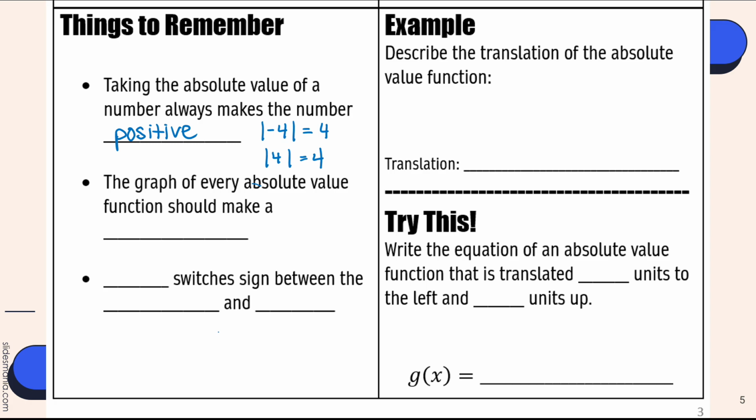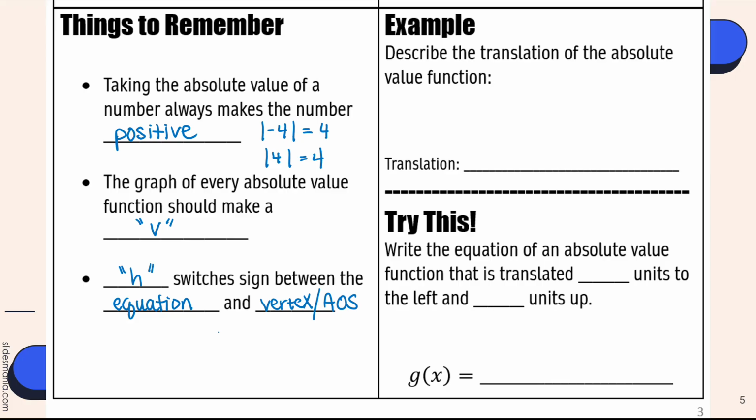The graph of every absolute value function should make a V-shaped graph. It generally starts at (0, 0), but then we will move it around based on the translations. And the h switches signs between the equation and the vertex slash the axis of symmetry.